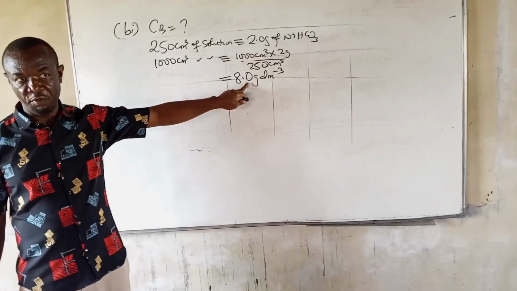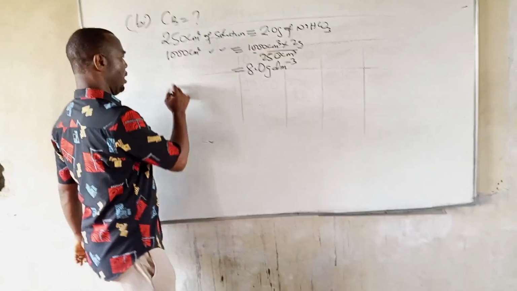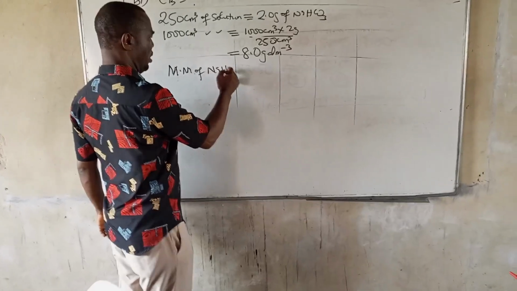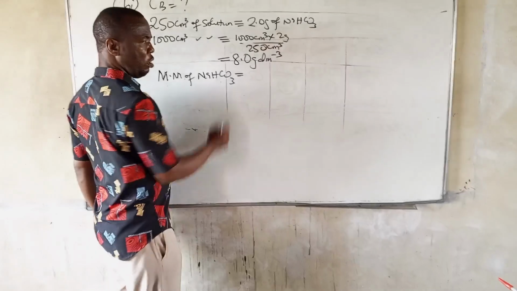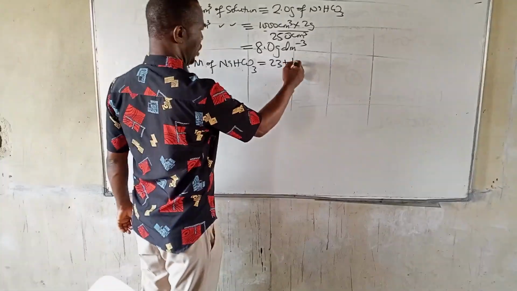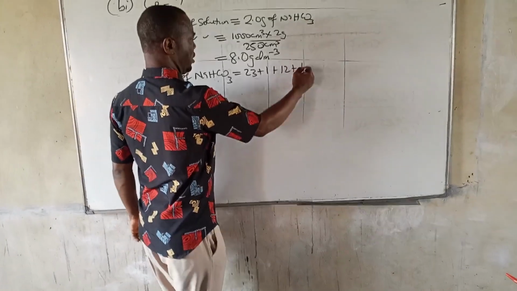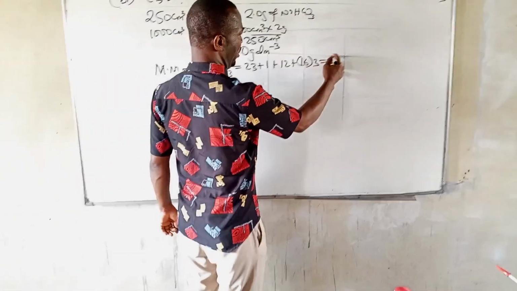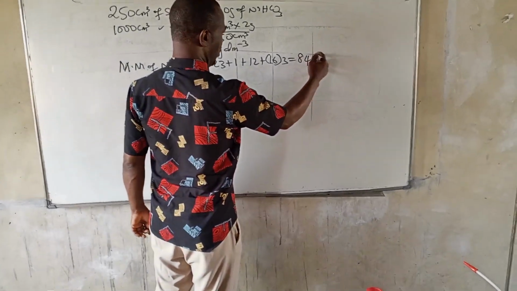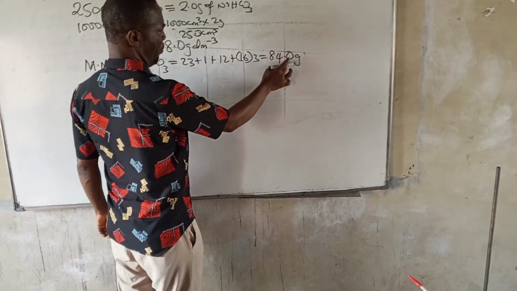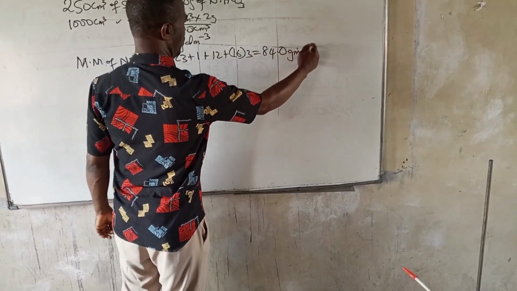You have to get it first. Then you find the molar mass of B, which is sodium hydrogen carbonate. From the information given to us, sodium is 23, hydrogen is 1, carbon is 12, oxygen is 16 multiplied by 3. When you solve this, you're going to have 84.0. Put your answer in 3 significant figures, 84.0 gram per mole.